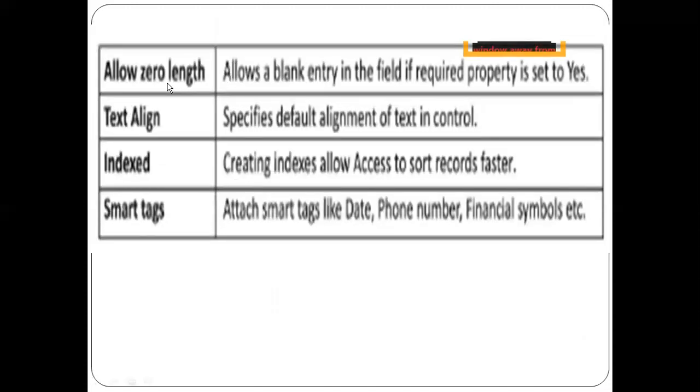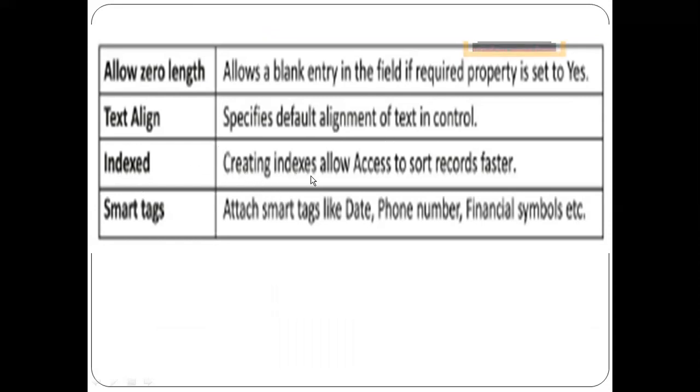The next thing in that is allow zero length. Allow zero length means it allows a blank entry in the field if the property is set to yes. If it is yes, then you can allow that particular field as blank and take the other things. Text align: you have already studied in Word, left, right, and all, so that while displaying the text, you can use it.